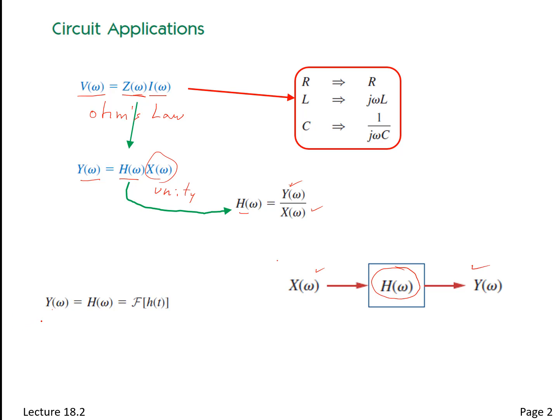Well, for the case of x of t, right, when x is a time function and it is equal to the impulse response, okay, x of w is equal to 1. Okay? And then you get this.